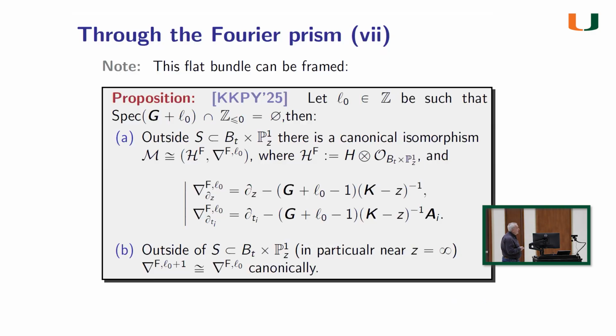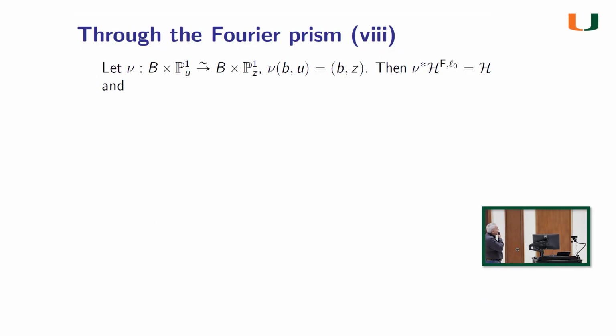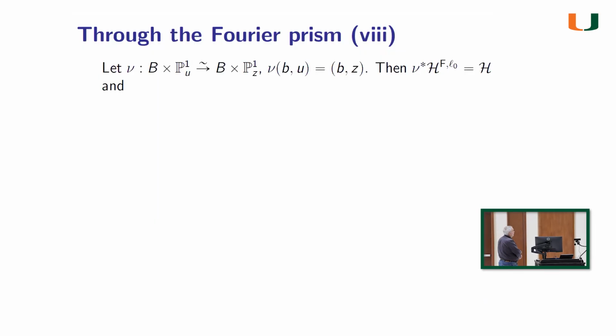And outside of the spectral cover, in particular near Z equals infinity, these connections, even though they look different, are gauge equivalent when you shift the L0. So once you found one L0 that shifted the spectrum correctly, anything bigger will work as well. And there are canonical transformations between those.